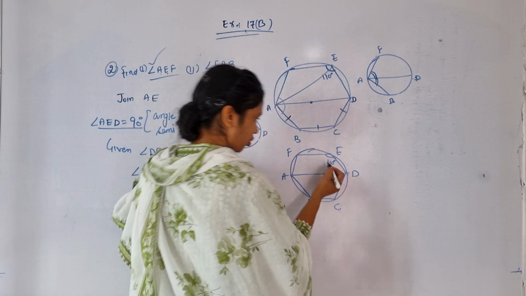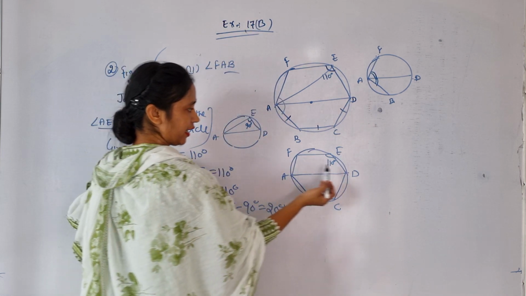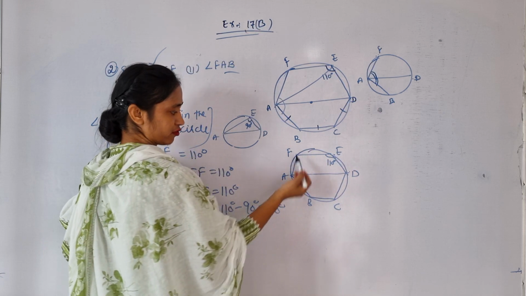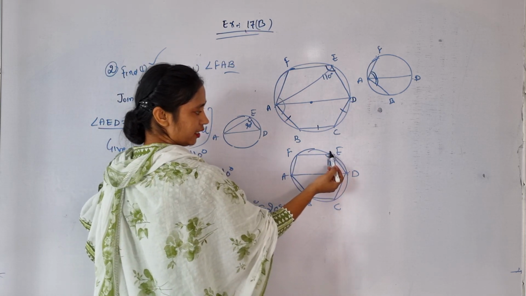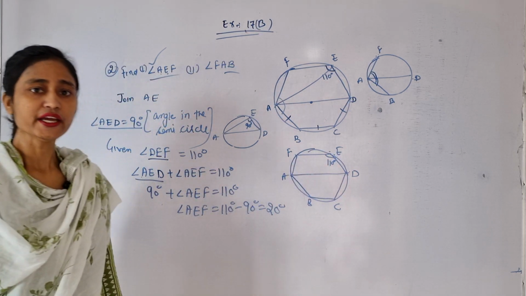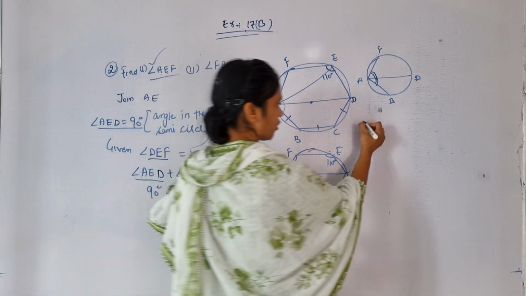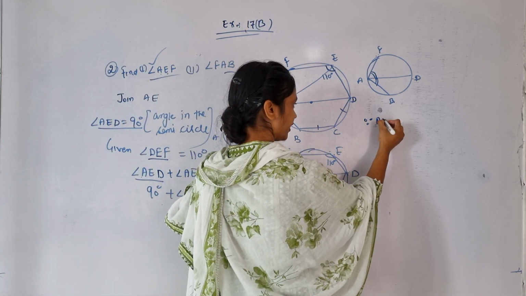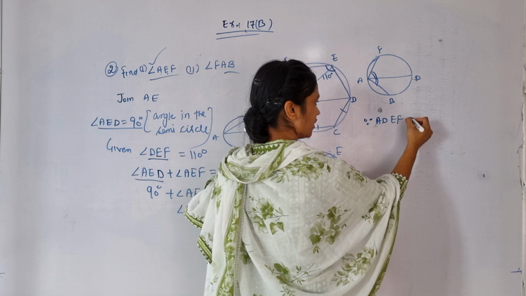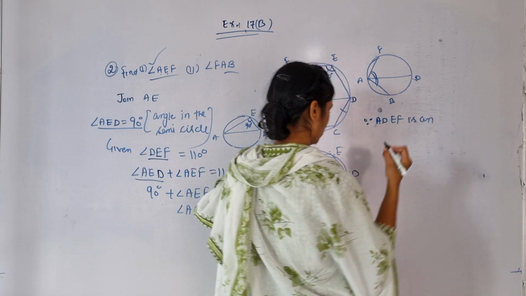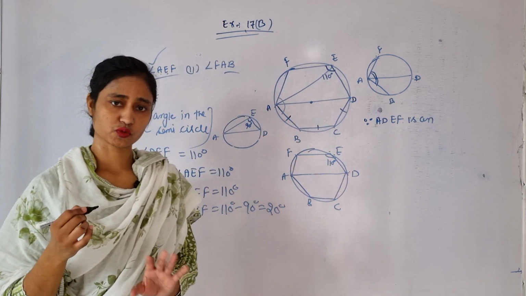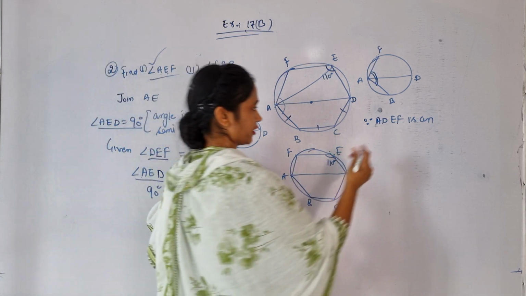You can see that ADEF is an equilateral triangle, because, sorry, ADEF is not an equilateral triangle, it is a cyclic quadrilateral.